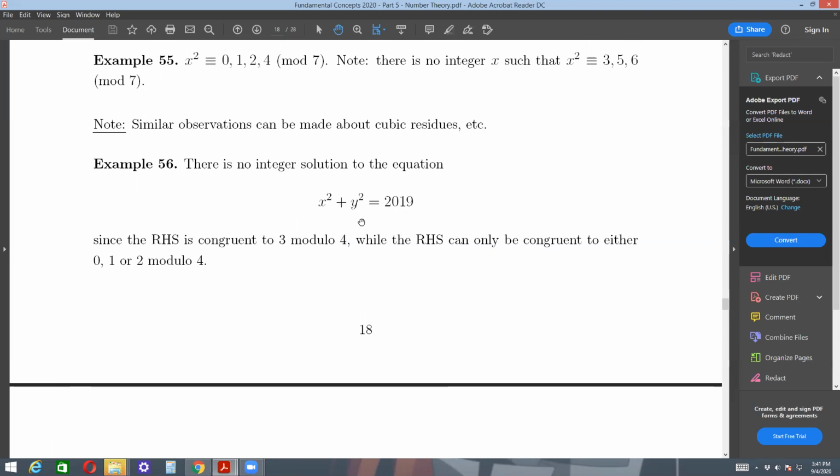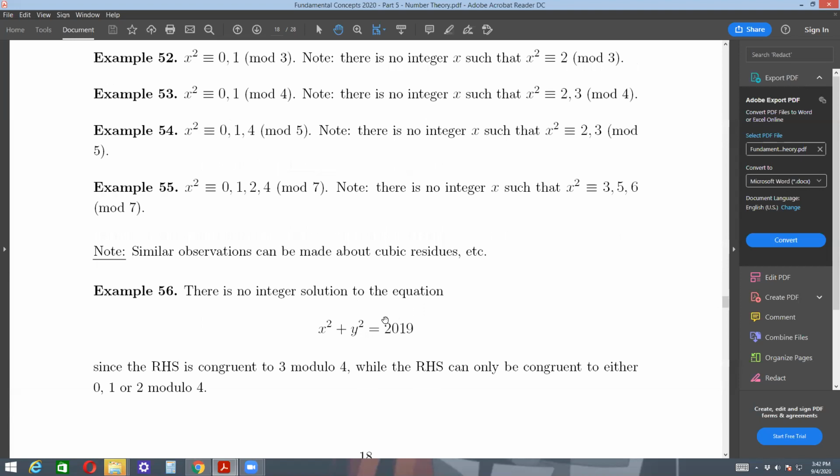They don't have to be equal, but the possible values are 0 and 1. If you consider all possible cases, you can get 0 plus 0, 0 plus 1, 1 plus 0, or 1 plus 1. Meaning this sum could only be 0, 1, or 2 mod 4. But this number is 3 mod 4, so this could never be equal. There are no integer solutions to this equation.